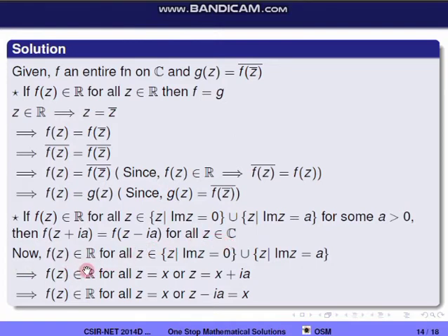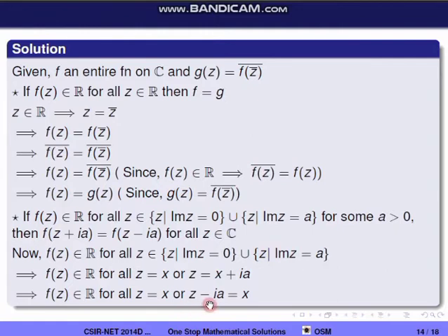Now f of z belongs to R for all z in {z such that imaginary z equal to 0} union {z such that imaginary z equal to A}. So this can be written as f of z belongs to R for all z equal to x or z equal to x plus iA. That is f of z belongs to R for all z equal to x or z minus iA equal to x. Now if f of z belongs to R, we have f of z is equal to f bar of z.